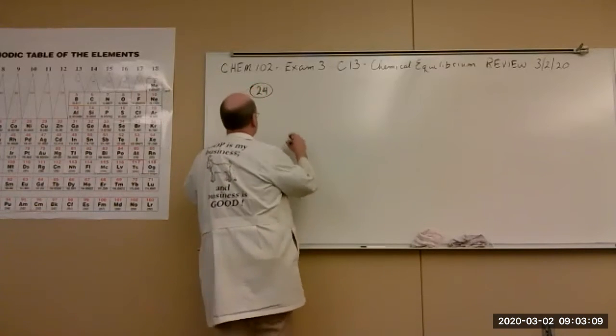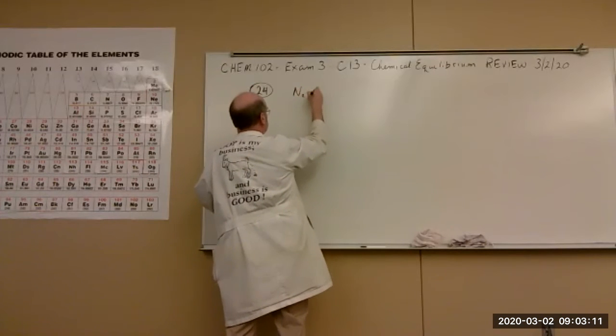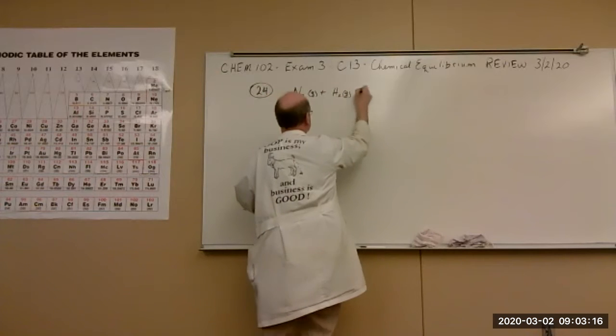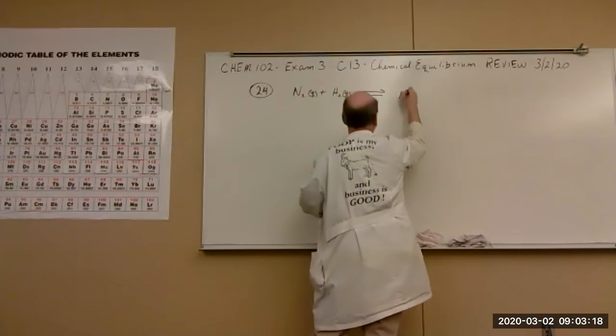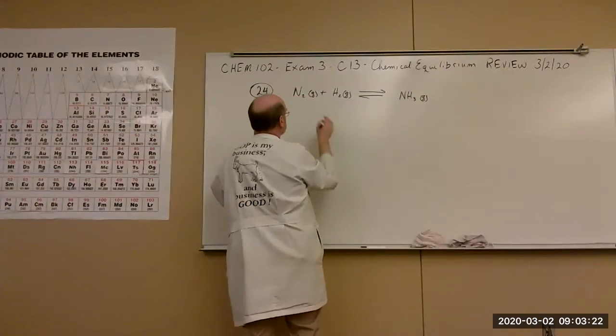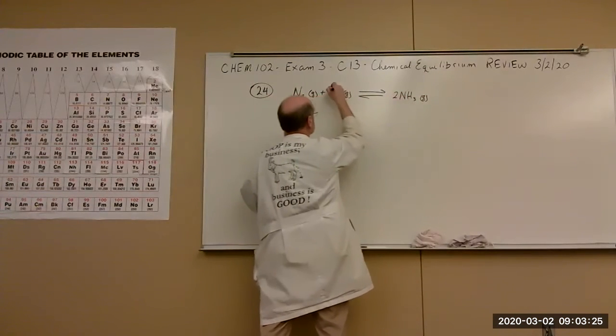So nitrogen reacts with hydrogen to yield ammonia. So this is 2 here and 3 there.